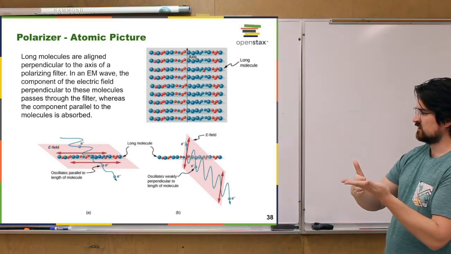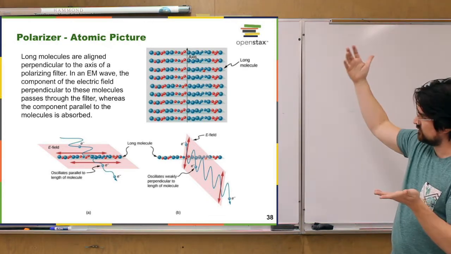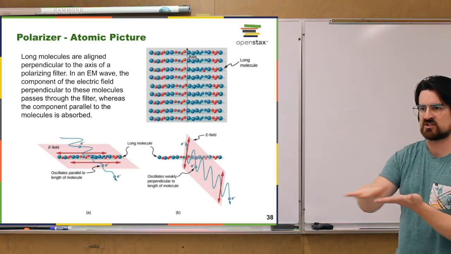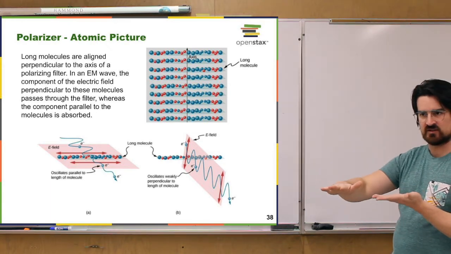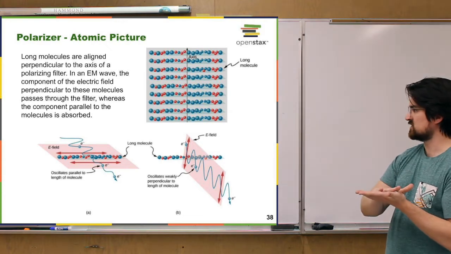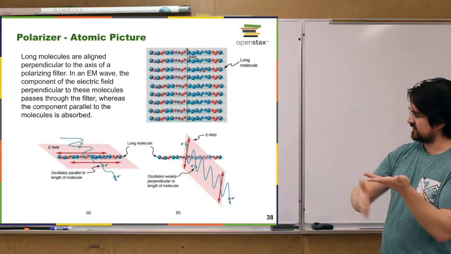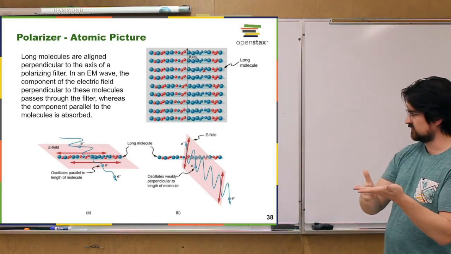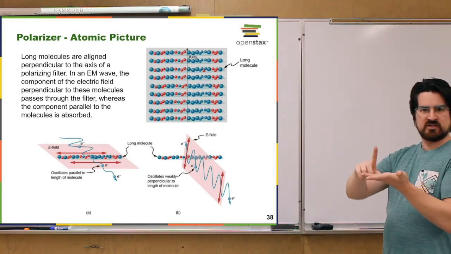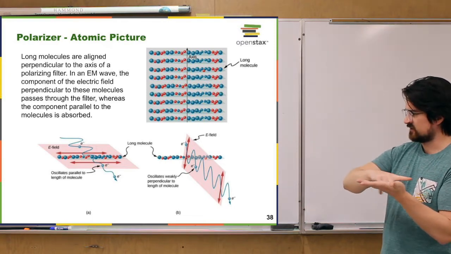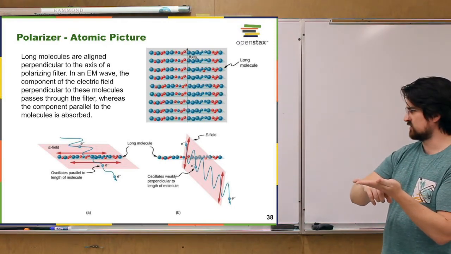So this is one way of understanding why, if you have this polarizer with these long horizontal molecules, it's actually going to block a lot of the horizontally polarized light. Versus the vertically polarized light that comes through, right? The electric field is vertical. The electrons now are going to be trying to move up and down, right? But they don't really have a lot of freedom of movement to move up and down because they're in these long horizontal molecules.